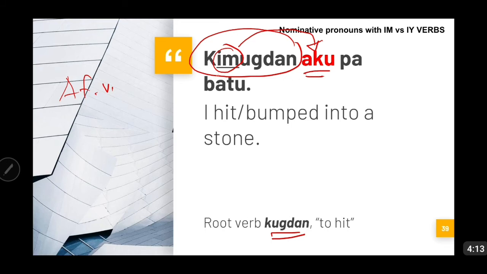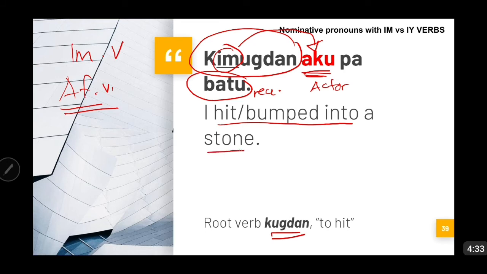But because kimugdan is an im verb, an actor-focused verb, the pronoun aku now becomes the actor. And the word batu, or stone, is now the receiver of the action. That's why the translation now is I hit or bumped into a stone.